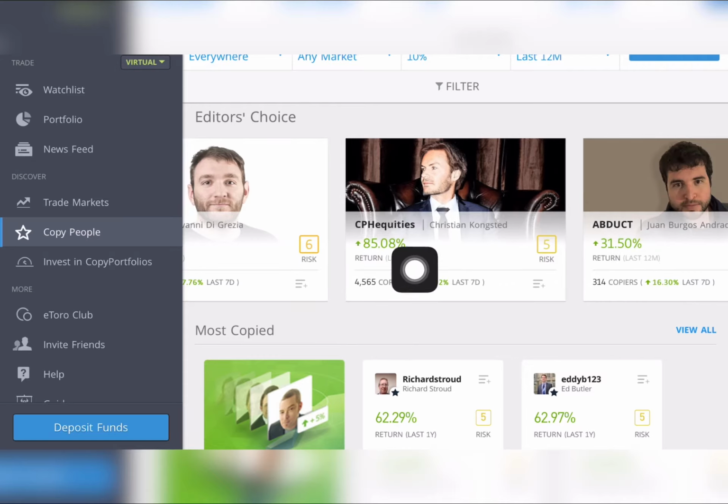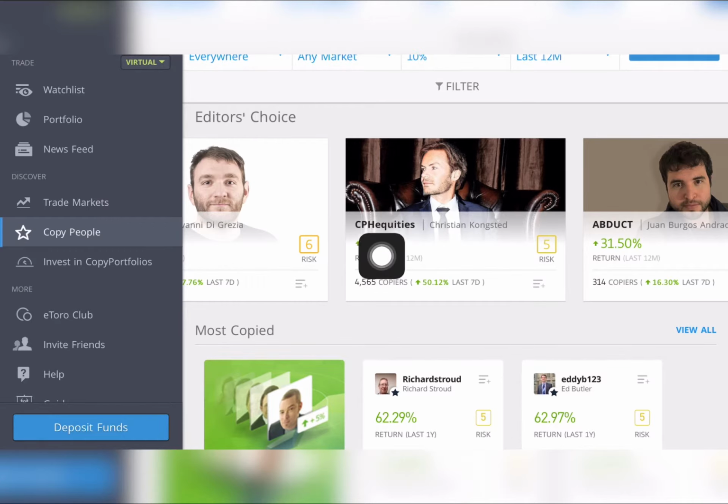And if you want to know how they are taking profit, you check this one. Say this guy, wow, he has 85.08% return. Even this guy, 31.5. So say for example, I chose this guy because he's risk 5 and he has a profit of 85.08 up. And he has a lot of copiers.